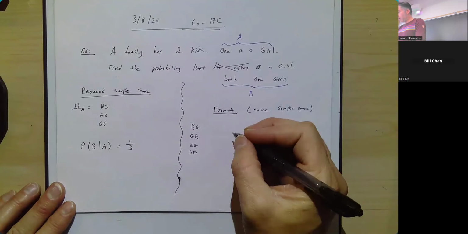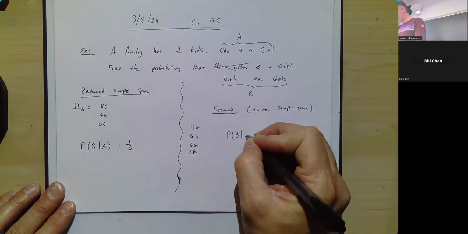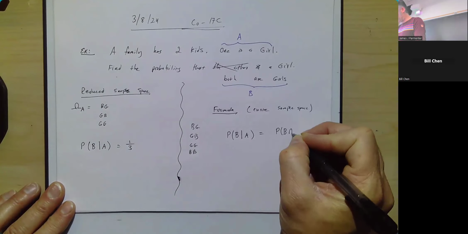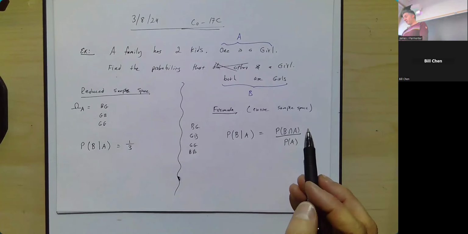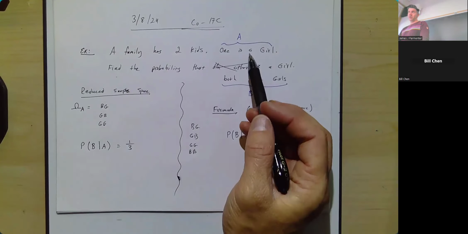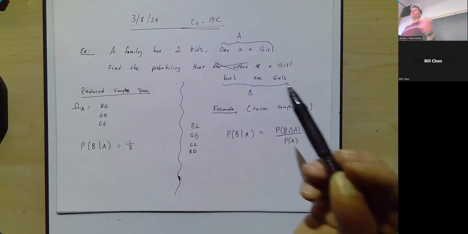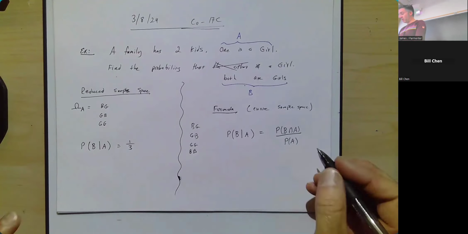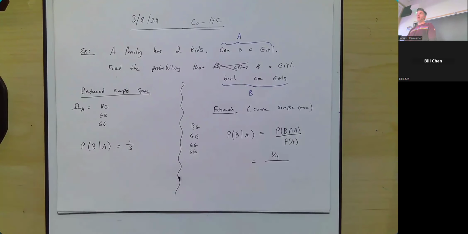And if I want to find the probability of both children being girls, given that one of them is a girl, that's going to be the probability of B and A divided by the probability of A. The probability of B and A, that one child is a girl and that both children are girls, is there's only one way you get both of those things happening. Both of the children are girls. So the probability of B and A is 1/4. Probability of having 2 kids that are girls, 1 out of 4.